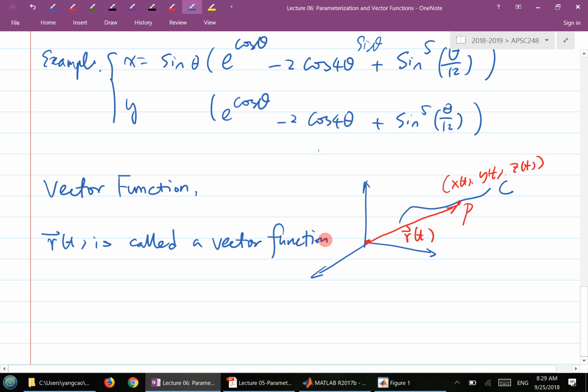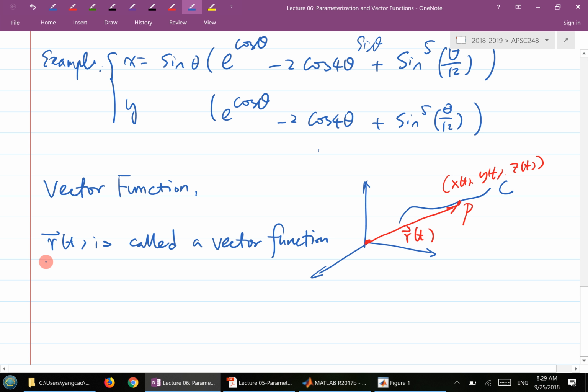And for a function, mathematically what it means is you have a parameter, and you plug in this parameter or variable with a different value. In this case t is a parameter. When you plug in t with a different value, you get a different return, and this return is a vector.